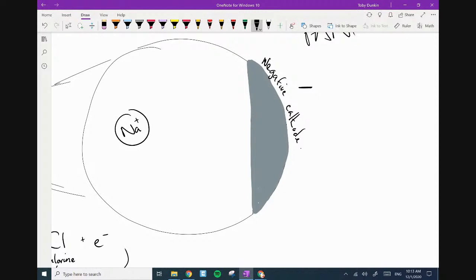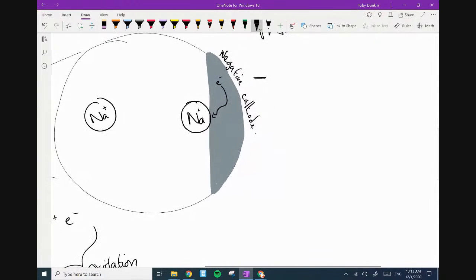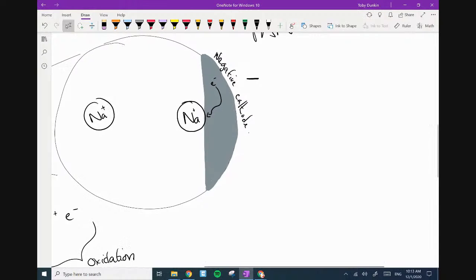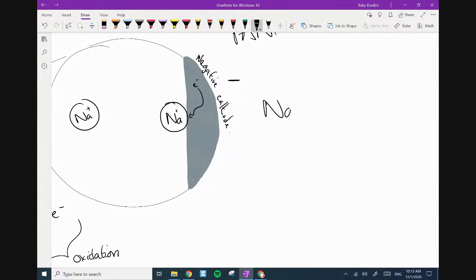It's going to strike the electrode and gain back its electron, and it's going to become a sodium metal atom. The Na+ will gain one electron to become sodium metal.